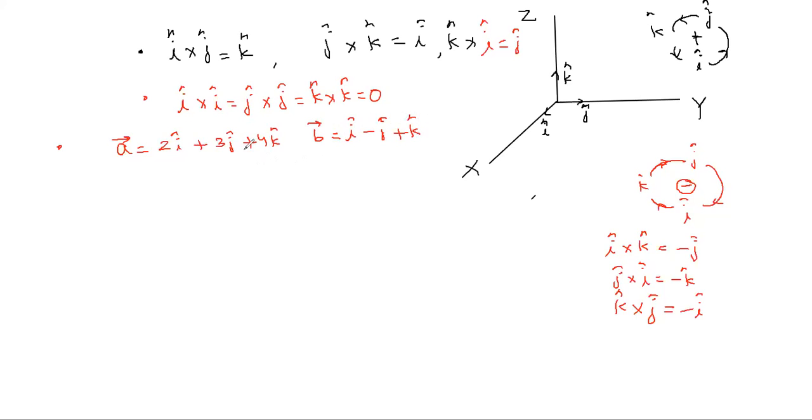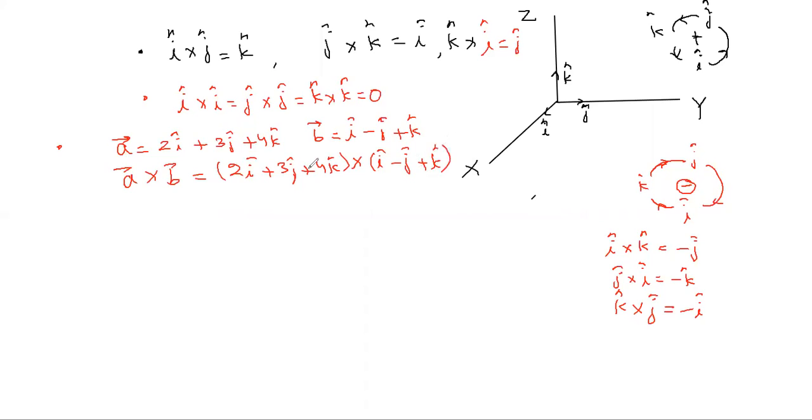There is one way, where you can use the clockwise and anti-clockwise directions. You write A cross B and substitute the values: 2i plus 3j plus 4k cross i minus j plus k.